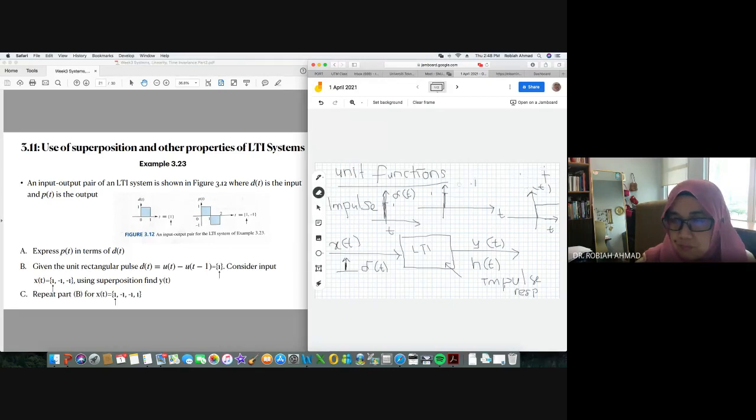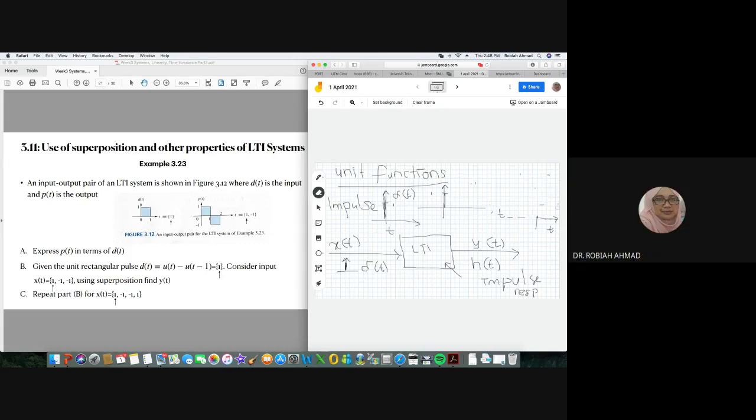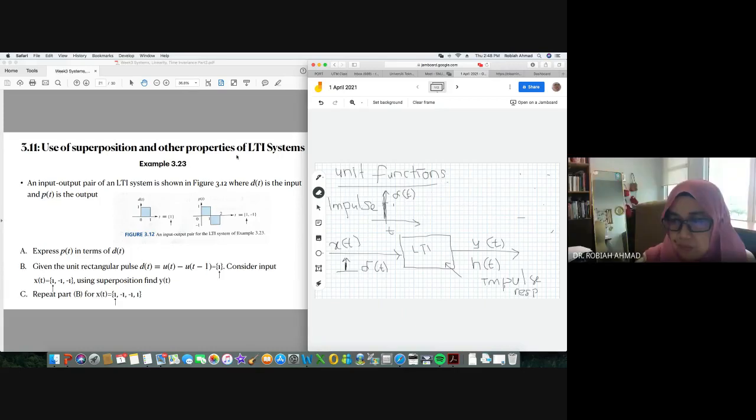Ni saya nak besarkan sikit unit ni. So unit function, saya pakai warna merah lah kot.